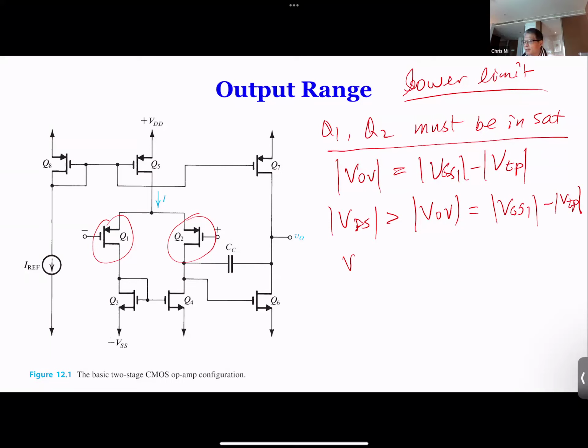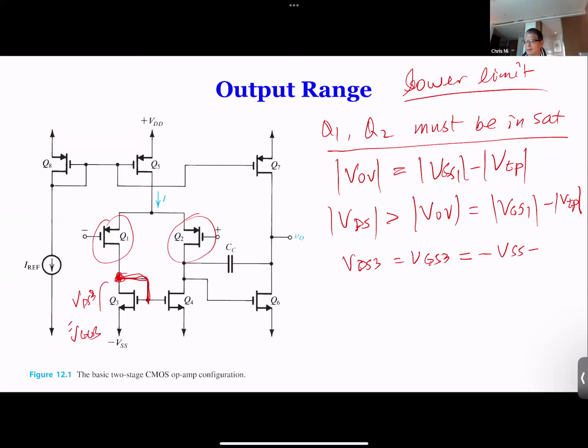Now let's figure out what the voltage over here is. Apparently, VDS3 is equal to VGS3 because the gate and drain are connected. So we have VDS3 equal to VGS3 equal to minus VSS.